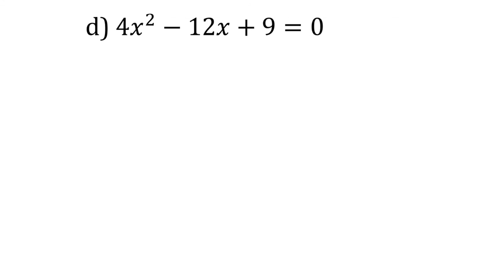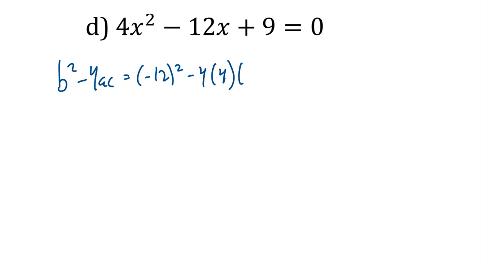Okay? So b squared minus 4ac is negative 12 squared minus 4 times 4, because that's my a value, times 9, because that's my c value. Sorry, you're writing down the question. I'm going too fast.